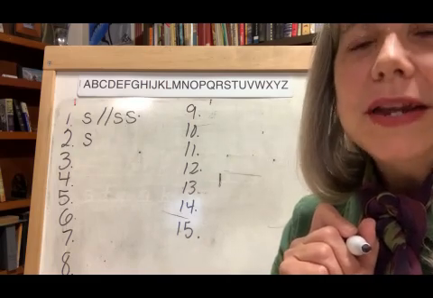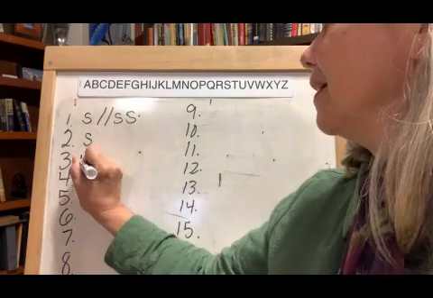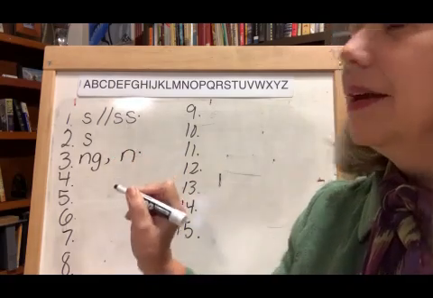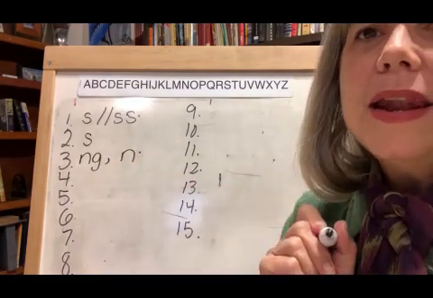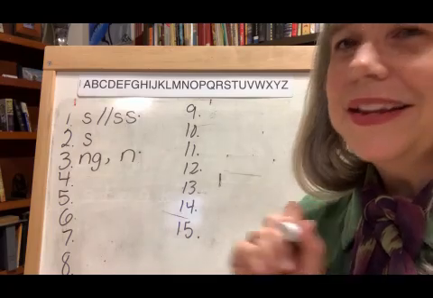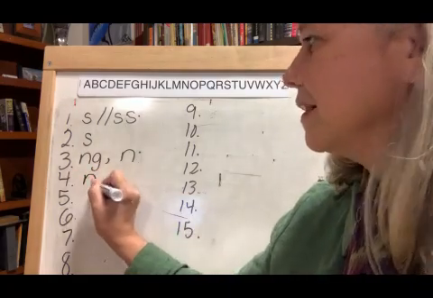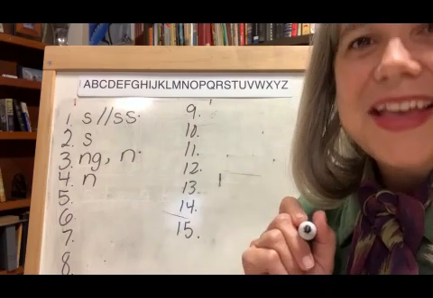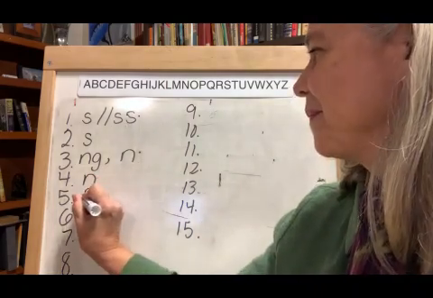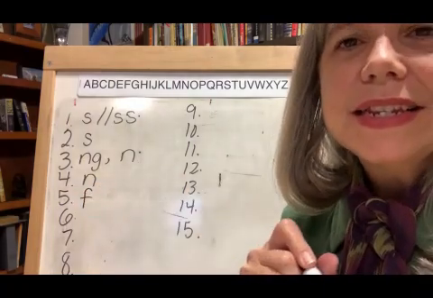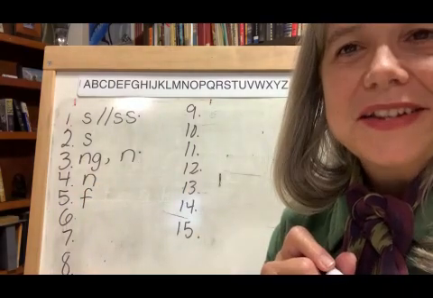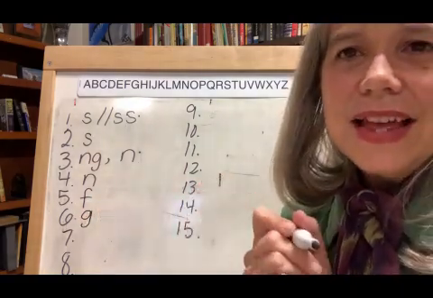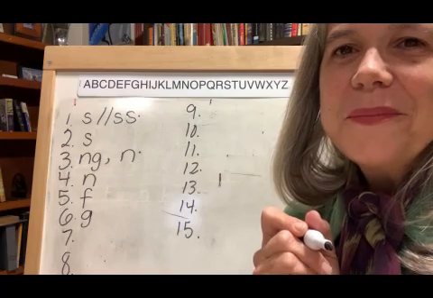Digraph NG, comma, N. Number 4, n. Number 5, f. Number 6, g. Number 7, l.